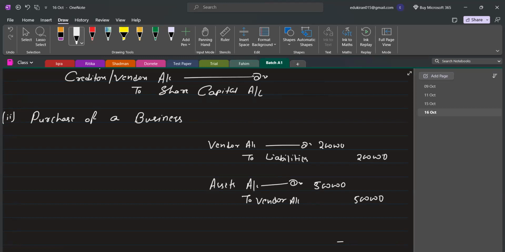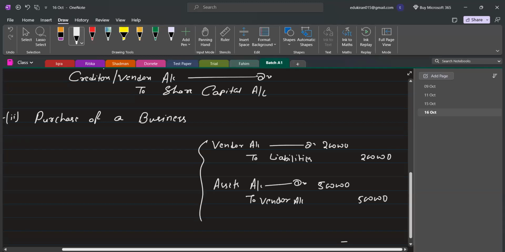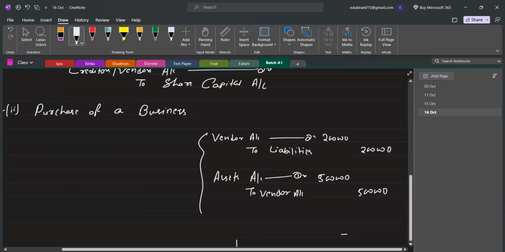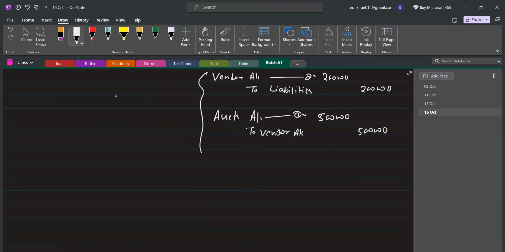Now, if we combine these two entries, can you tell me what will be the journal entry? When we combine two entries, what do we have to do? The assets account debit to liabilities account.